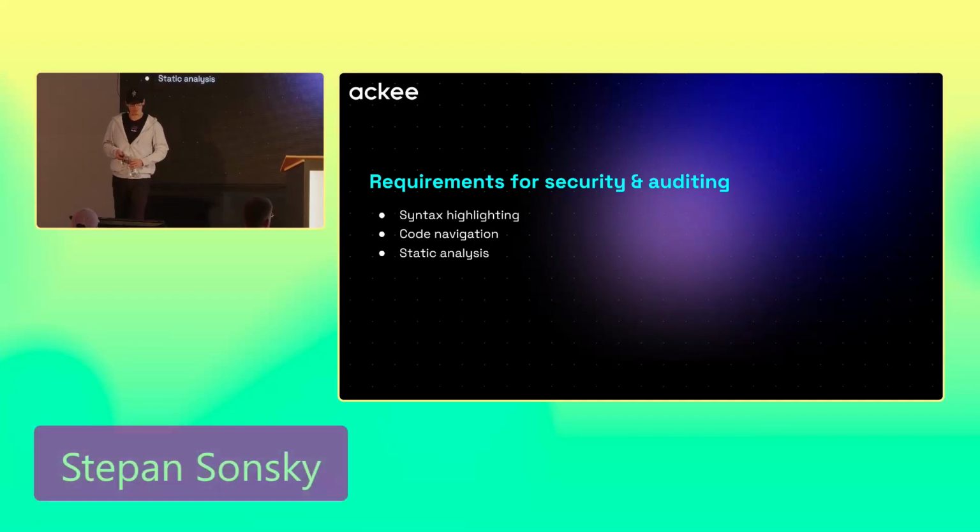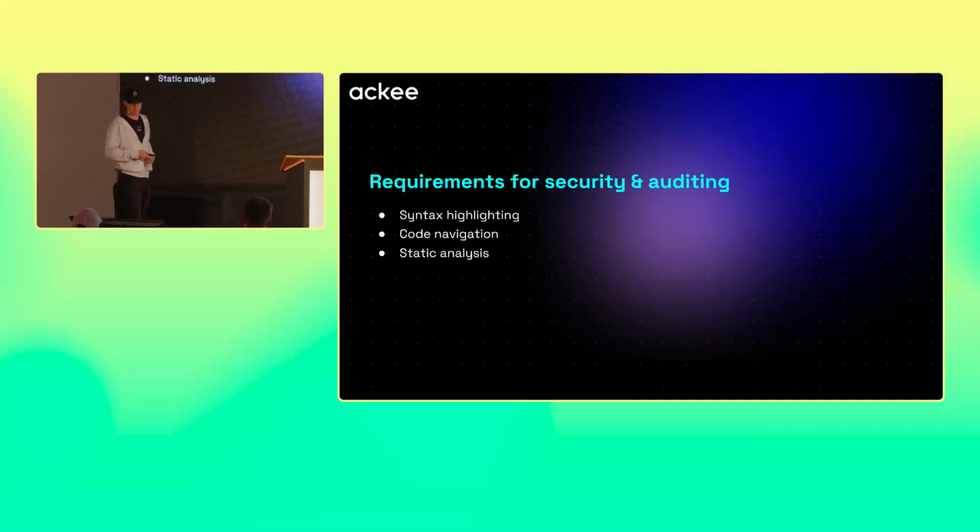And here comes the interesting part, static analysis. We will talk about it later in detail, but basically static analysis allows you to automatically detect vulnerabilities in the code and show them directly in the IDE, VS Code. And then these vulnerabilities can be highlighted directly in the code.